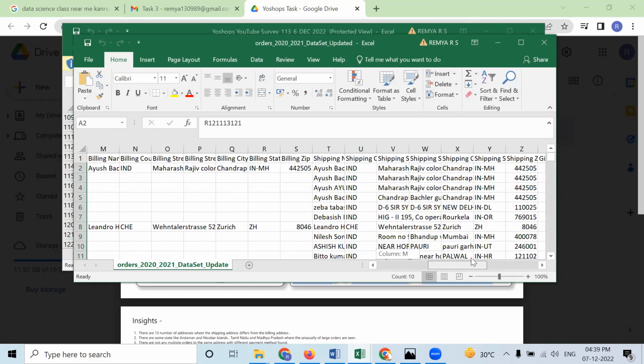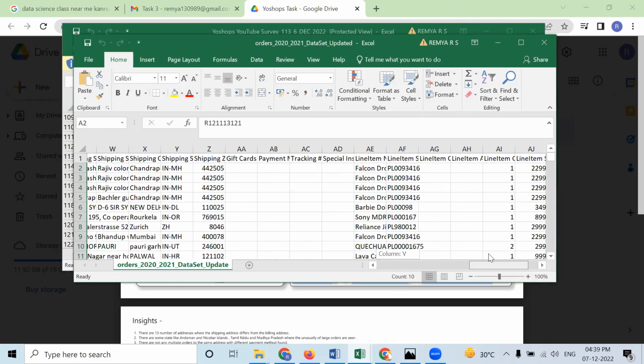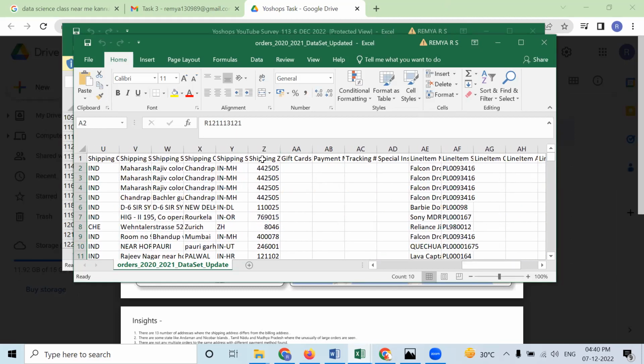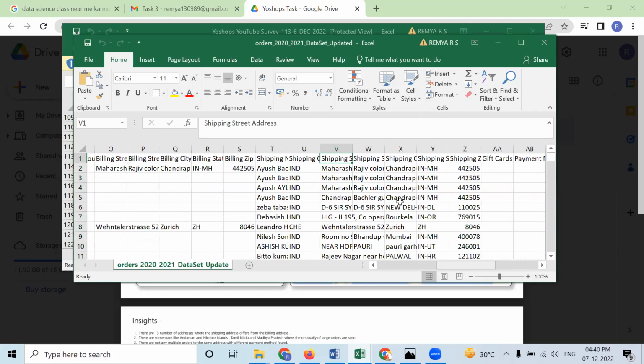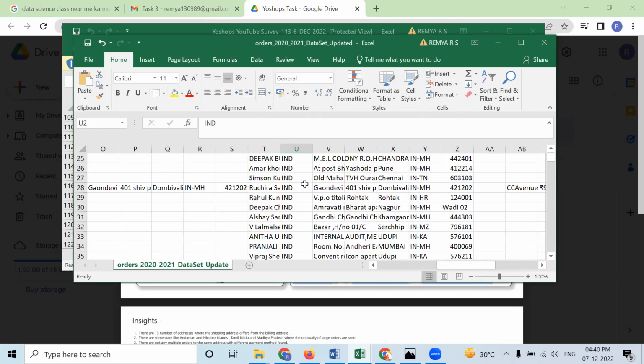Okay, and line item name, shipping state, city, this thing you have to check out, shipping country. Whichever shipping country is not IND, that will be international, right?